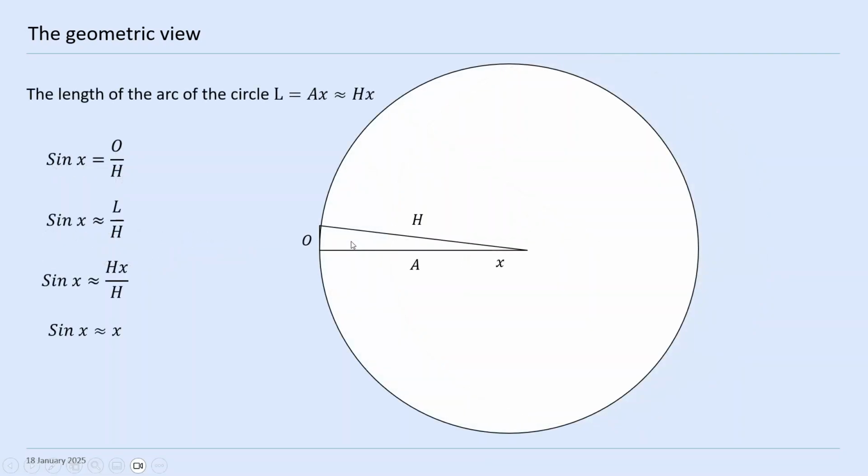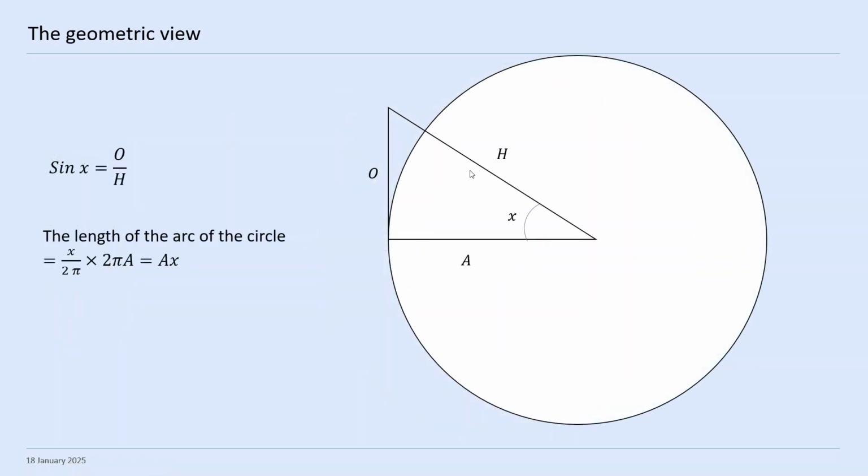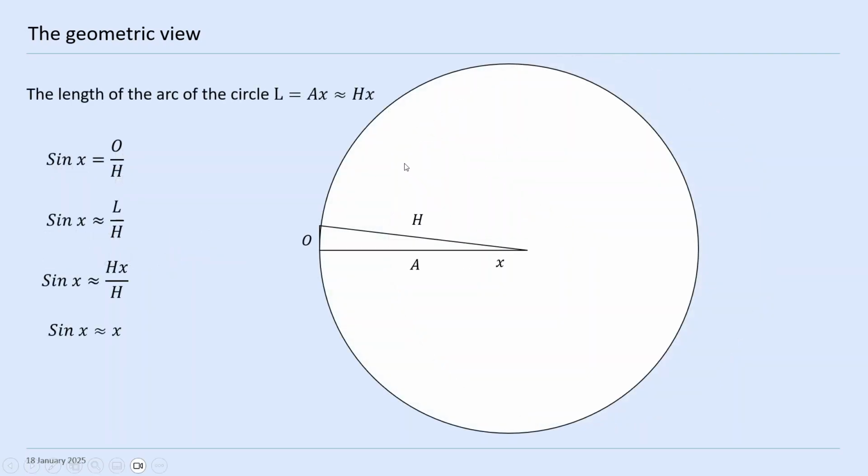Now, in the situation where the angle is small, ax is about the same as hx. Here, when the angle was big, the hypotenuse is very different to a. But here, when x is small, hypotenuse and a are very similar to each other. So here, as before, sine x is opposite over hypotenuse.